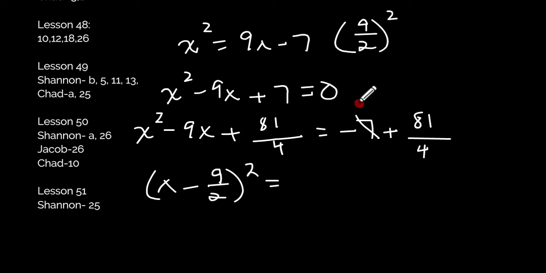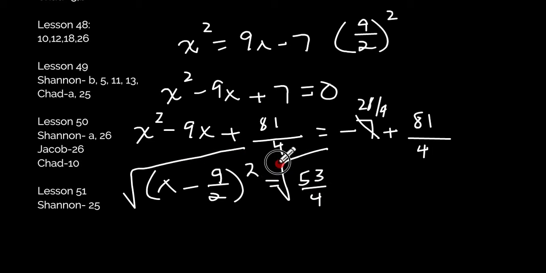So let's just do this. This is going to be 28/4. So 81 minus 28 is 53/4. These are not pretty. And then we're going to take the plus and minus square root of both sides. So we get x minus 9 halves. When you square a square root, it frees the square.